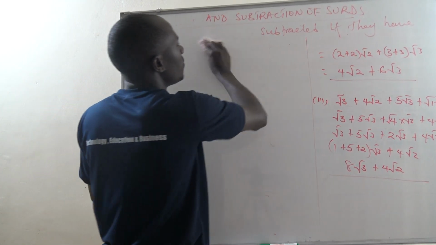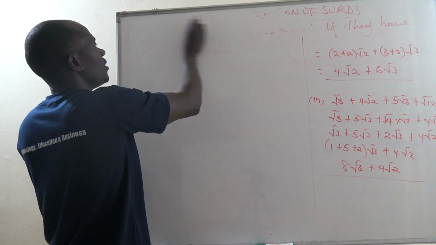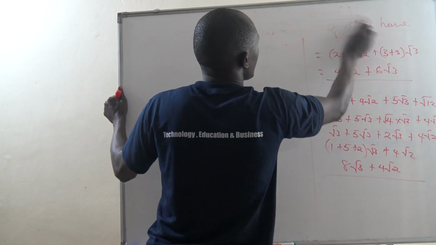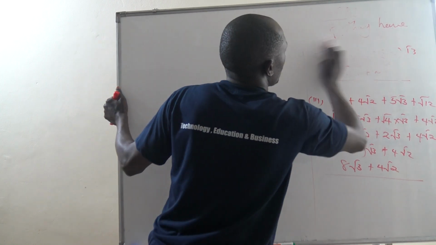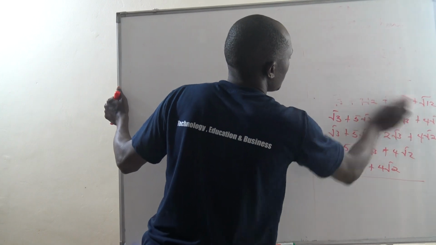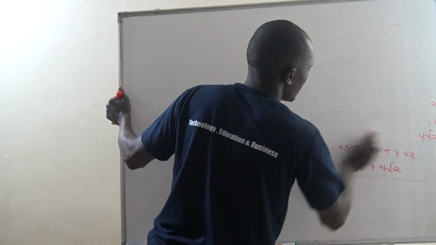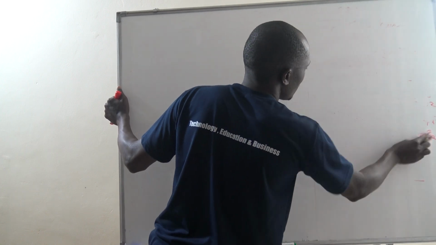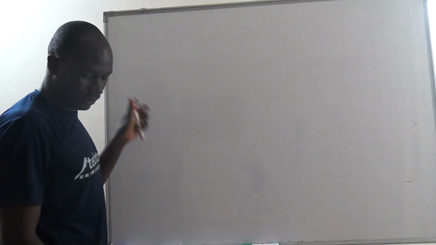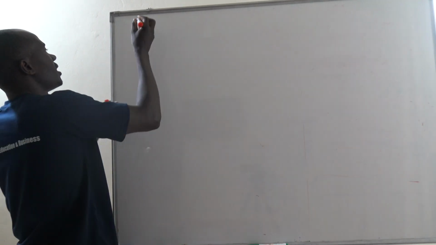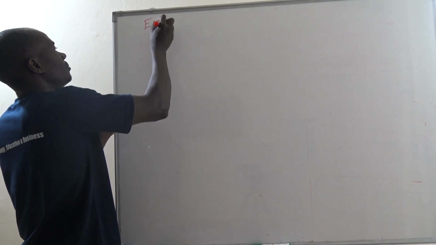Those ones which are different, you leave them, you categorize them according to their groups. So we are moving to another example, example 2, which consists of subtraction. The first one was containing addition.